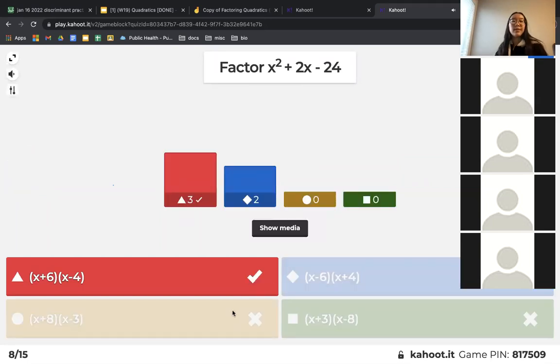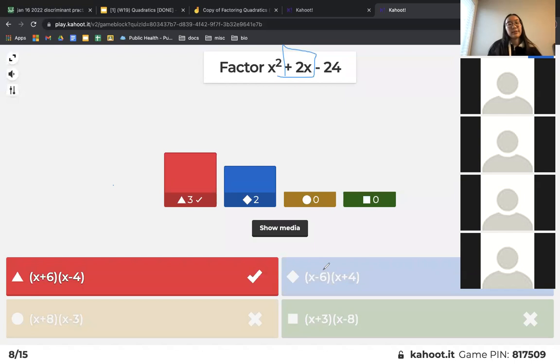All right, x squared plus 2x minus 24. So again, you guys, it looks like these two answers are really similar, but the middle term is just going to be wrong on the blue one.